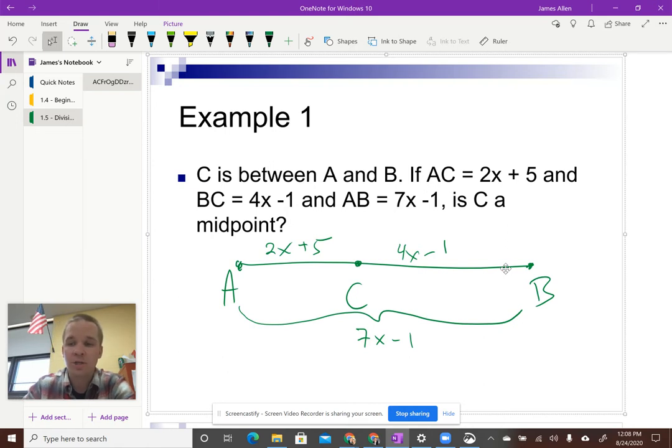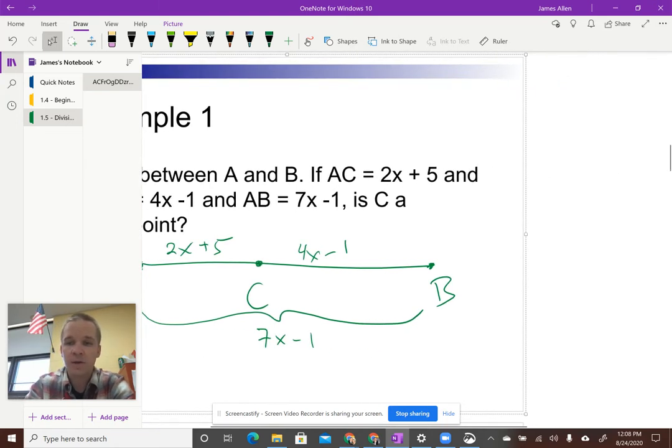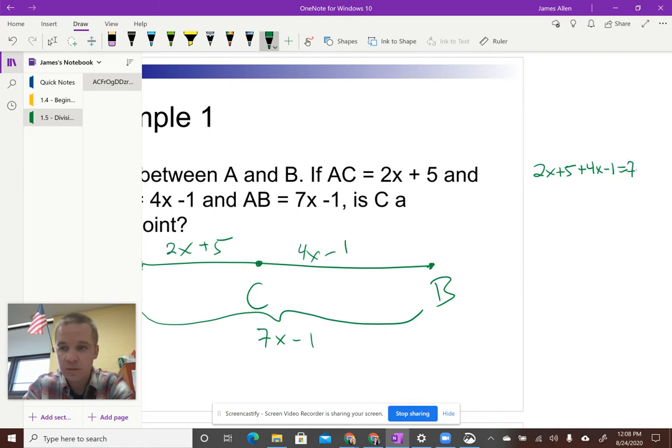Let's set up an equation for that. So I would have 2x plus 5 plus 4x minus 1 is equal to 7x minus 1.